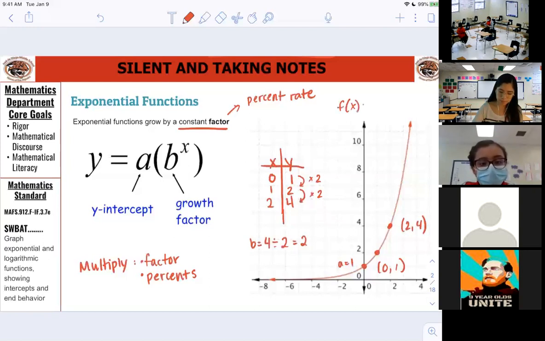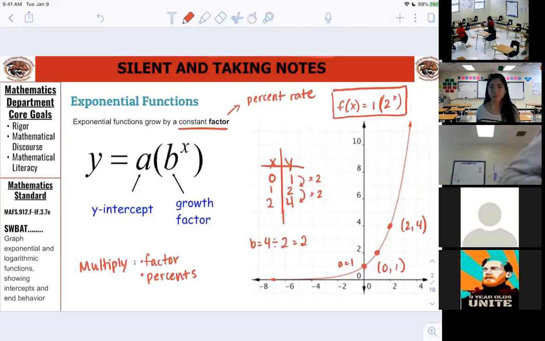Y equals 1 times 2 to the power of x. Good, exactly. It's kind of simple, but we just have to remember how to do it.